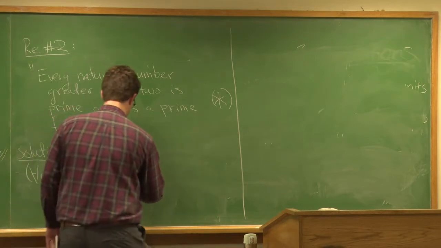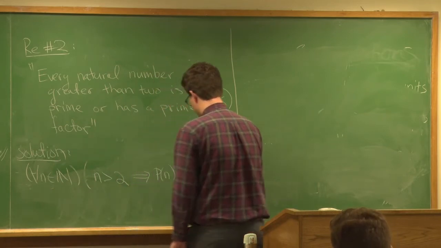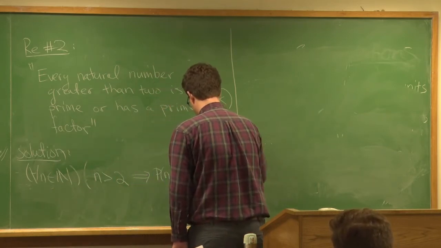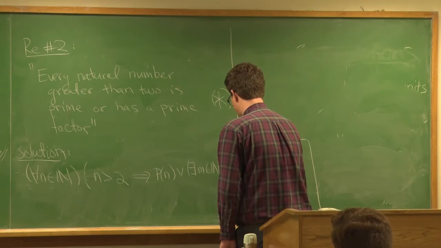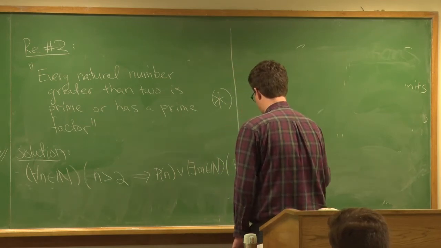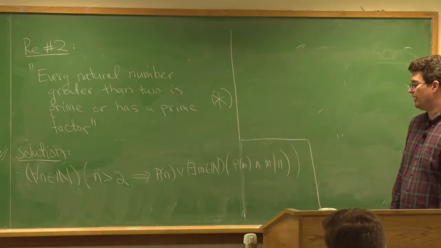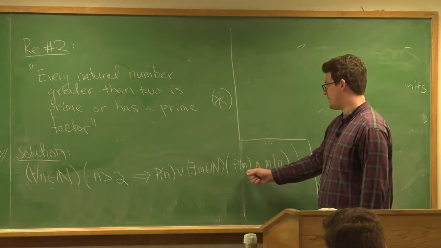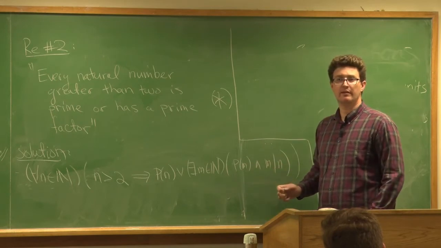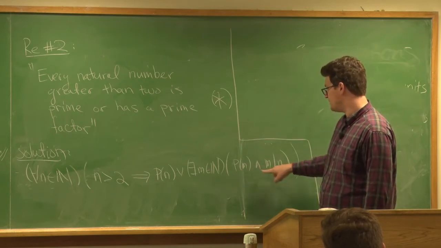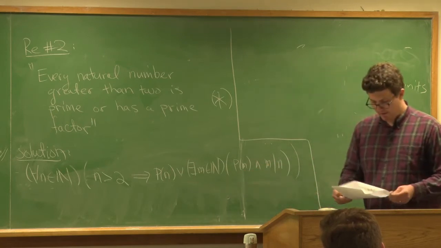So this implies P of n, or there exists some m in the natural numbers such that P of m and m divides n. This is the statement we have here. This is the same thing as has a prime factor, meaning that there's a number which is prime and divides n. This is an m, and this is an m.